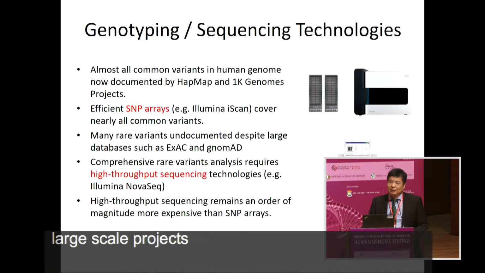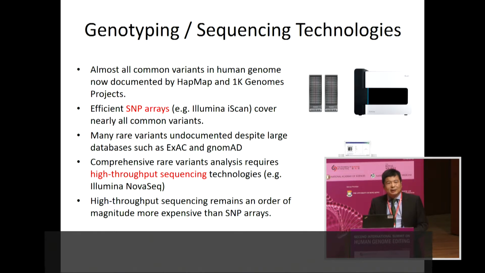Our latest SNP arrays can genotype more than 1 million SNPs at the same time. Whereas rare variants are so numerous that even despite our large studies and databases, such as ExAC and gnomAD, we still have many that are undocumented.